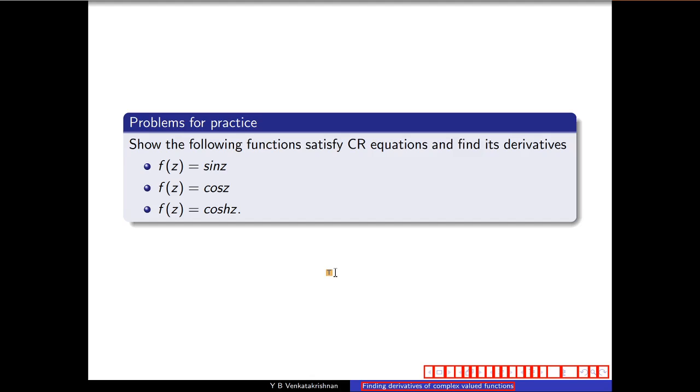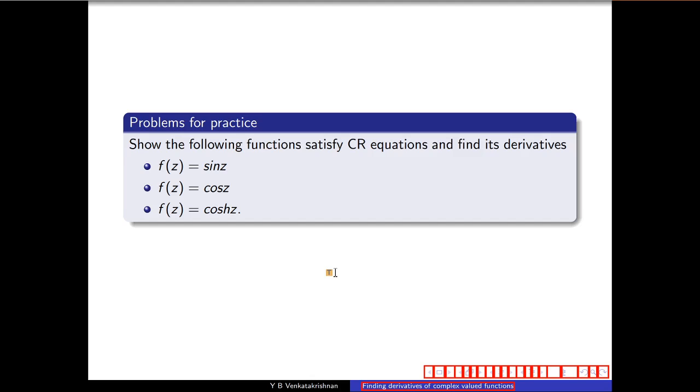So the derivative of the real valued function sin x and the derivative of the complex valued function sin z are going to be almost similar, and you can see that the derivative of sin z will be cos z.